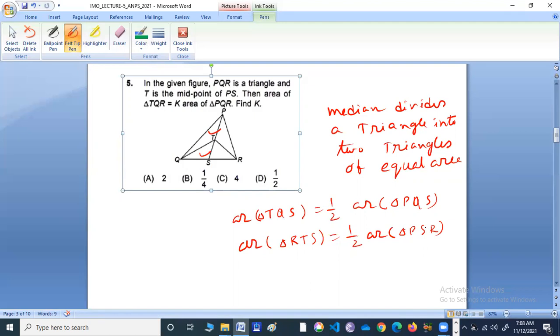Area of TQS is equal to half of area of PQS, and area of TSR is equal to half of area of PSR.